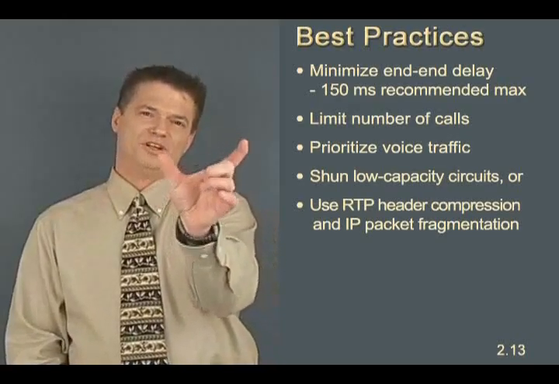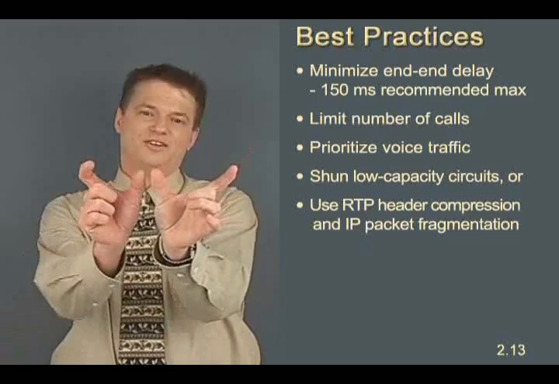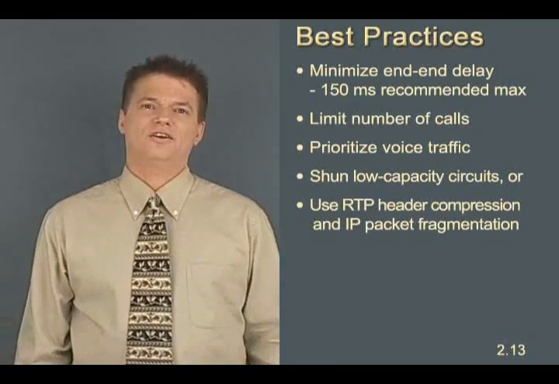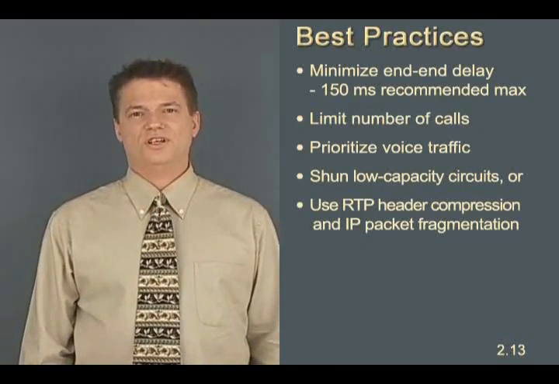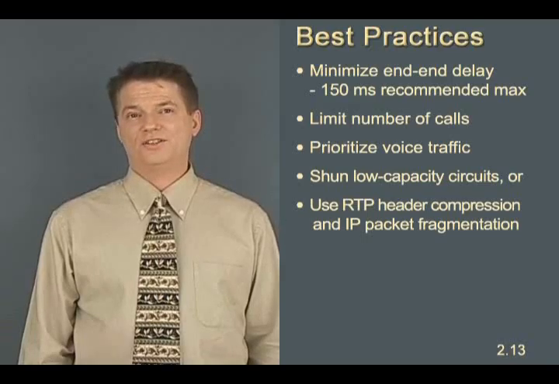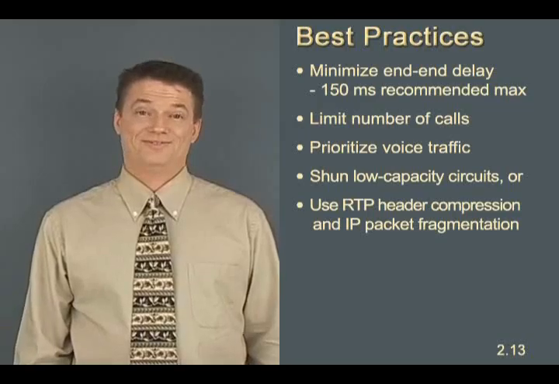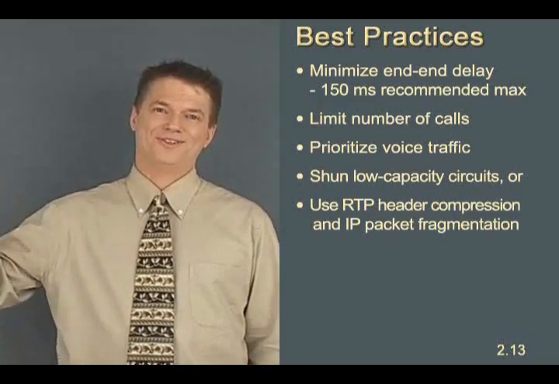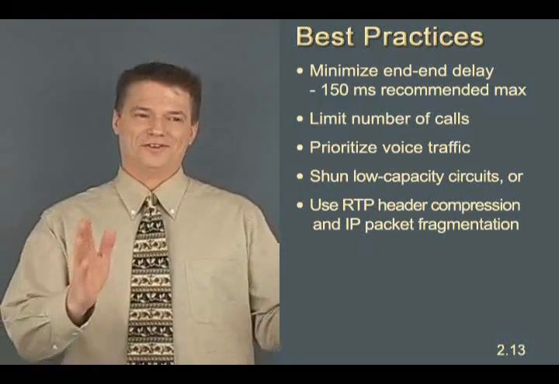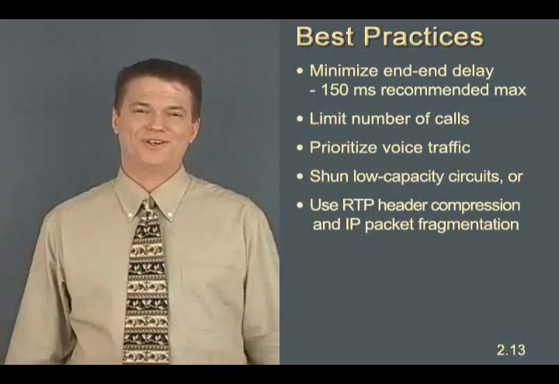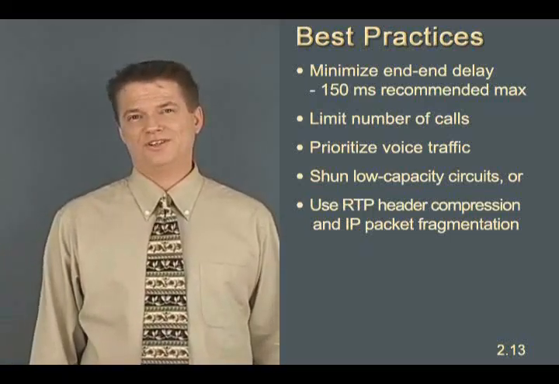And there's quite a bit of overhead sitting on top of the payload. There are techniques to reduce the header down to just a few bytes. What does that cost us, though? Delay, because we have to reconstruct all of this at the far end. We have to do compression and reconstruction, so it introduces a bit of delay.